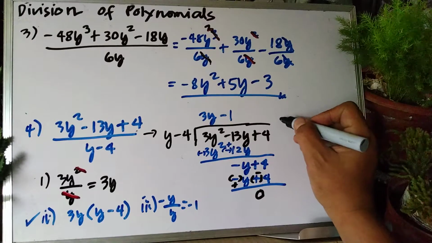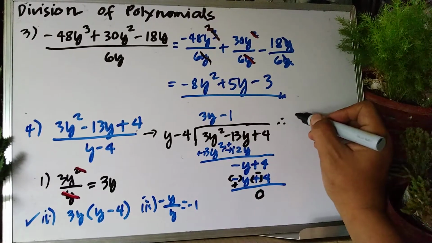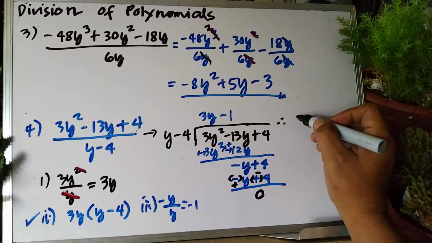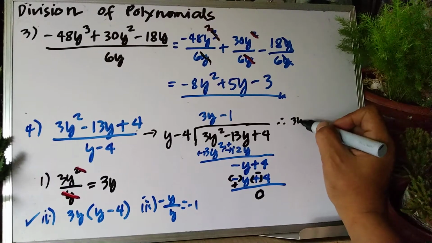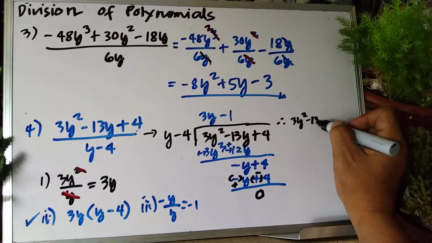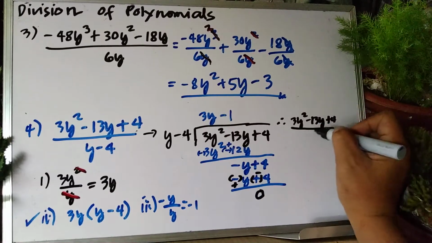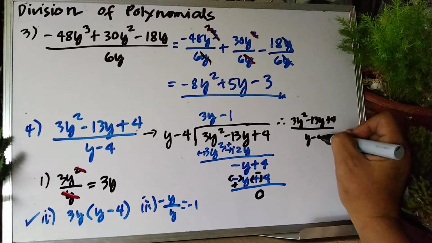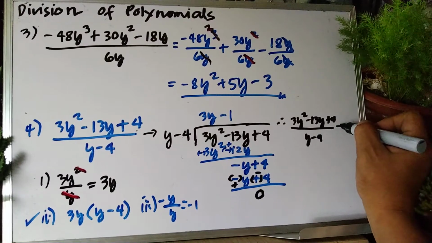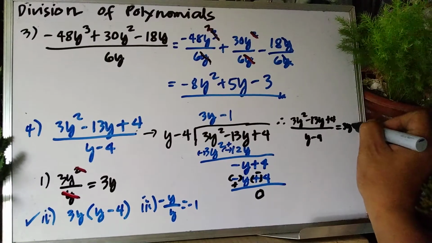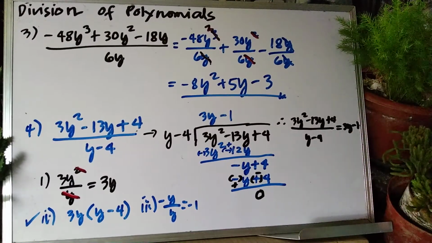Therefore, iyang answer is 3y squared minus 13y plus 4 over y minus 4 is equal to 3y minus 1.